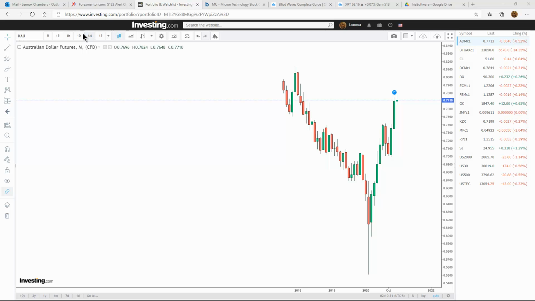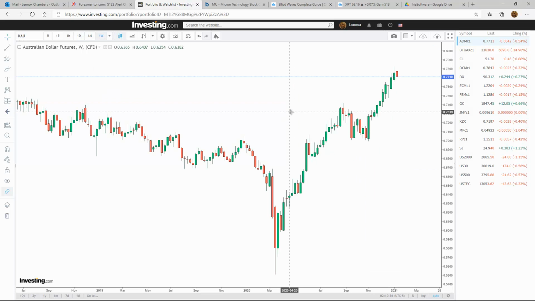So dropping down to the weekly time frame, again, you can see quite the push, puts us up into that area. However, this little push back here might just be a little blip in an otherwise continuation of a move to the upside.